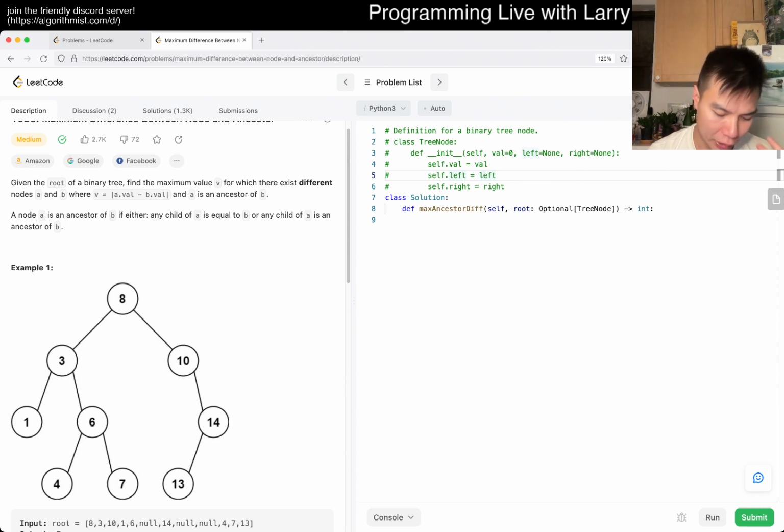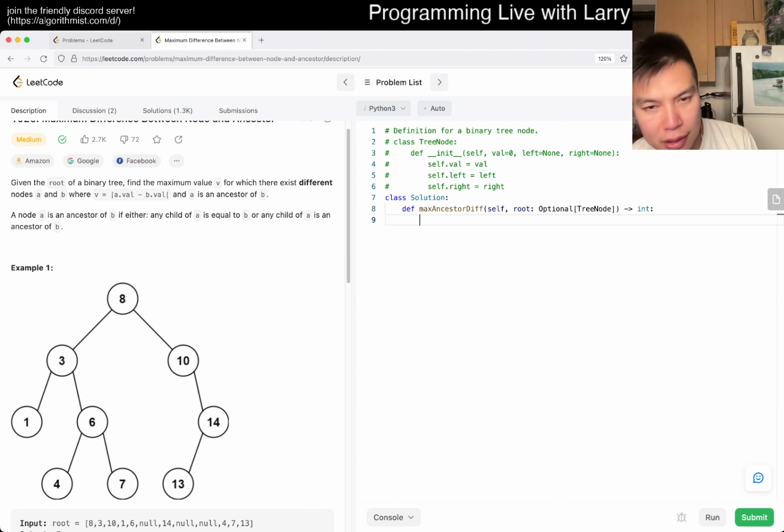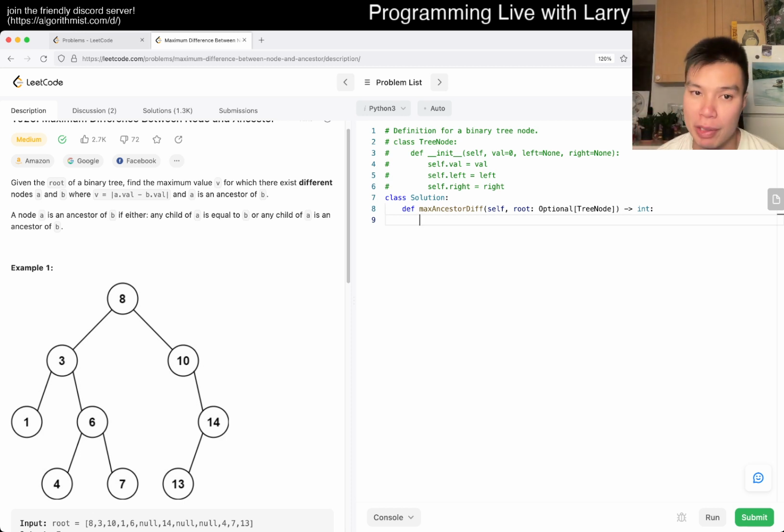I'm just trying to think about how to explain it, but let's consider a variant where instead of the absolute value you want to do A dot value minus B dot value. This is what you're optimizing. You're trying to max this thing, and keep in mind that we are not optimizing the absolute value.